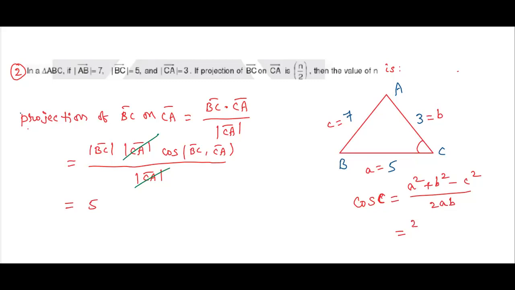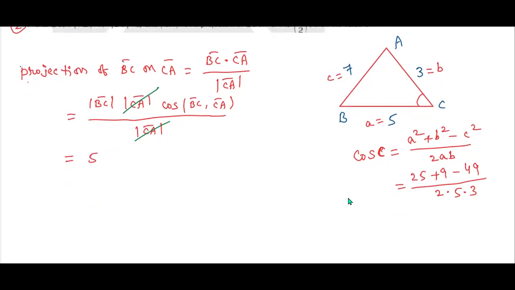A square 25, B square 9, C square 49, divided by 2 into A 5, B 3. Students, calculate this. 25 plus 9 minus 49 is minus 15, divided by 2 into 5 into 3, which is 30. 15, 15 cancel.